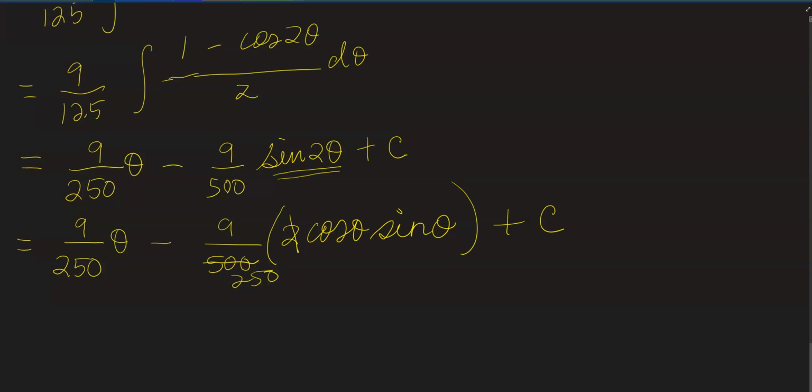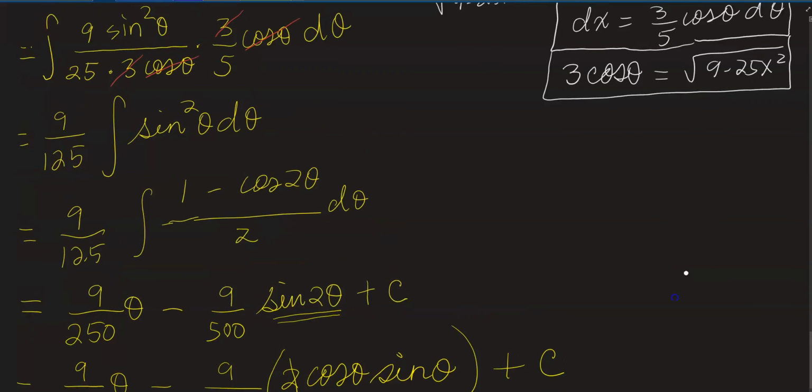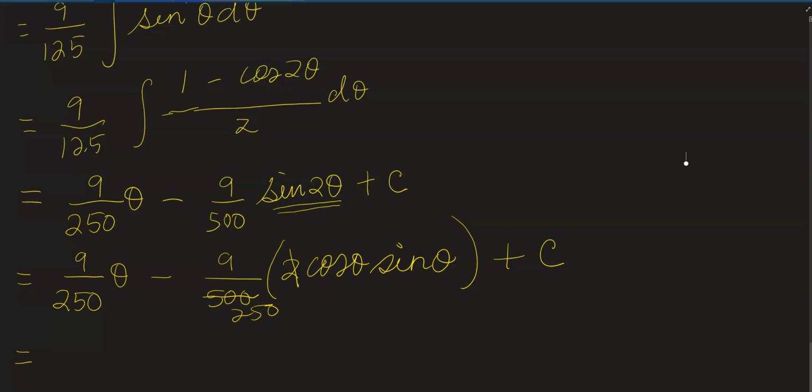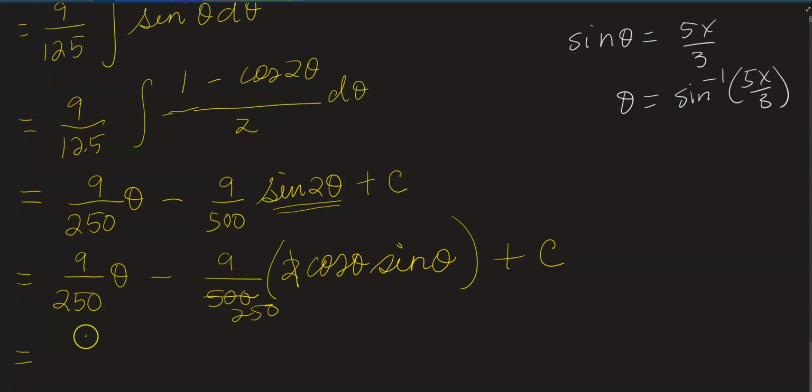So let's go and do our substitution. We know that from previously, sine theta is 5x over 3, right? So sine theta is 5x over 3, so that theta would be inverse sine of 5x over 3, and that will give us 9 over 250 sine inverse of 5x over 3, right?